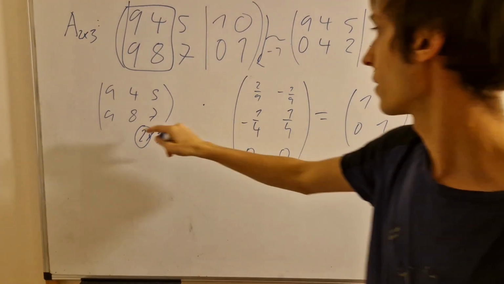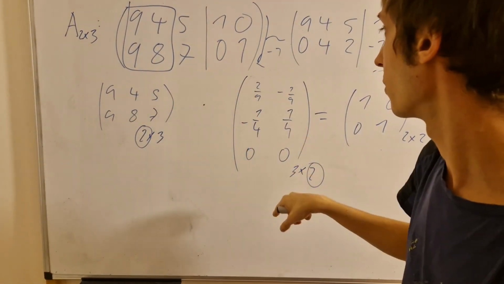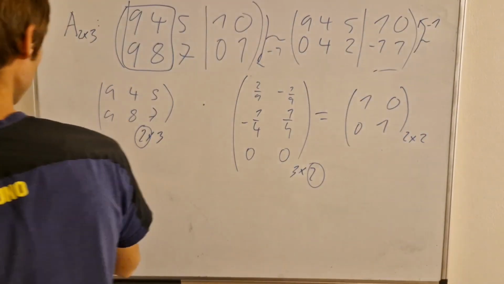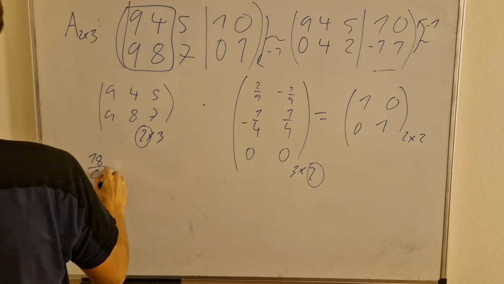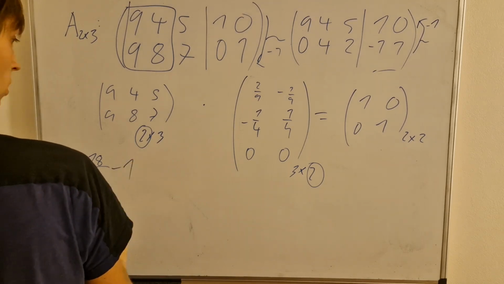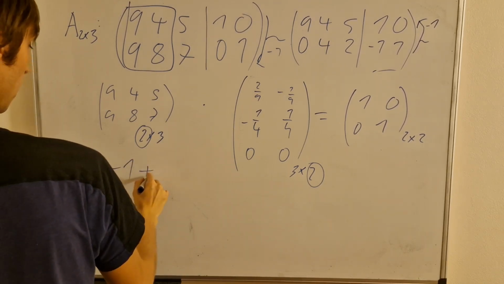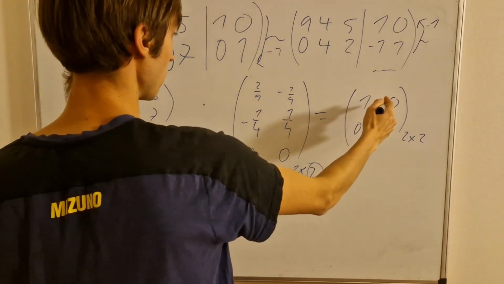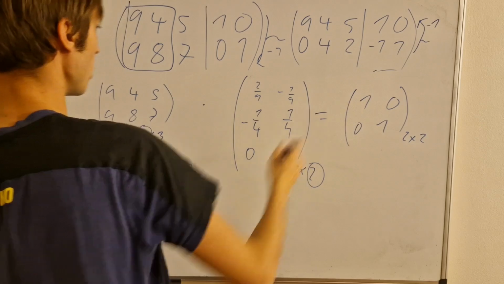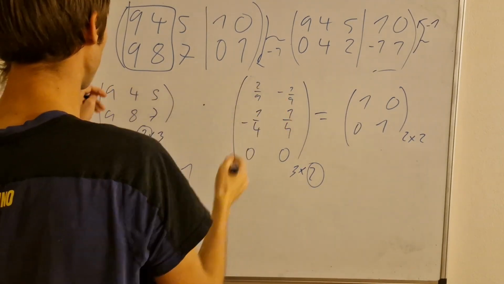Well, let's check. So multiplying the first row by the first column will give 18 over 9, then subtract minus 1, and then plus 5 times 0. So this is 2 minus 1, which is 1. Great. Well, what about the second entry? Well, that should be the first row times the second column.